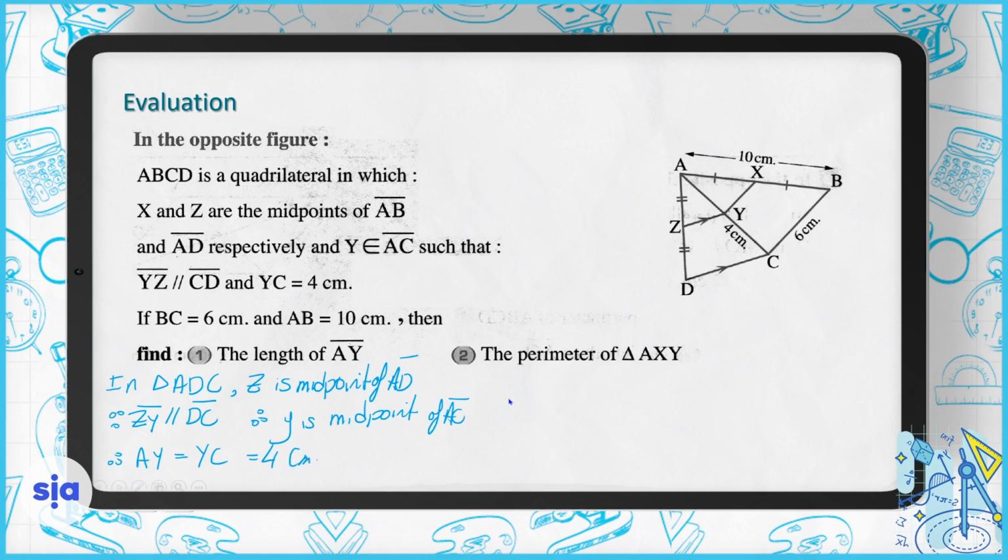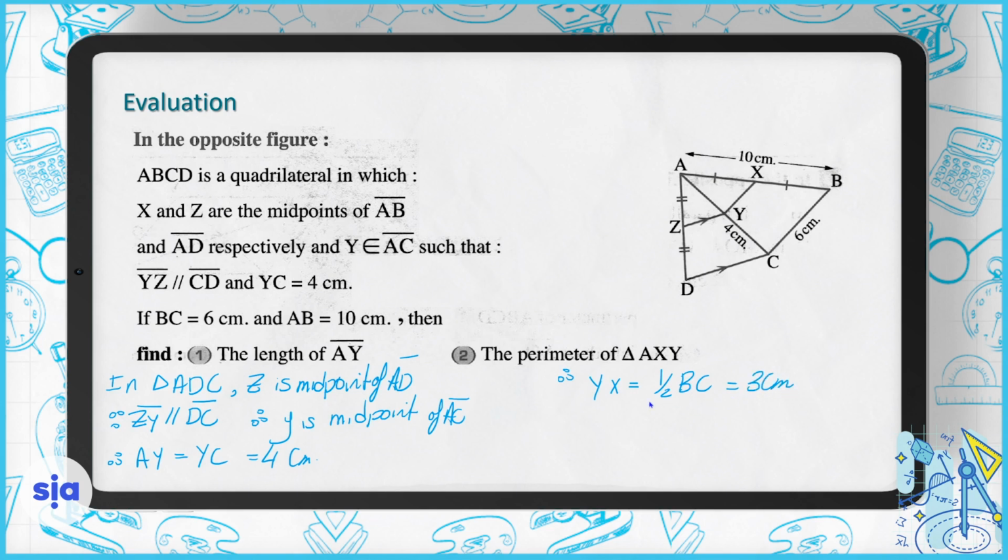Question 2. The question wants me to find the perimeter of triangle AXY. Since X is the midpoint of AB, therefore YX is parallel to CB. Therefore, YX is half the BC, which is 3 centimeters.